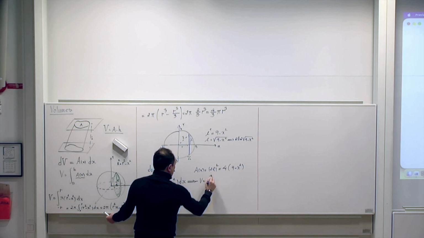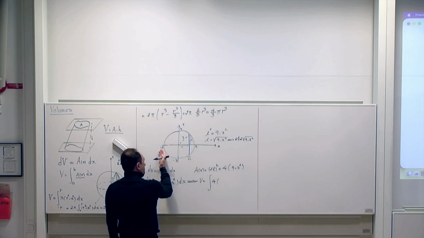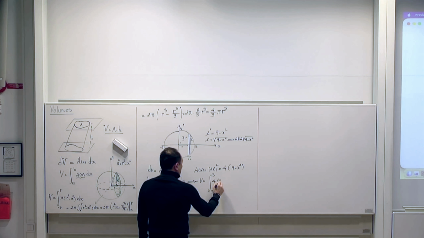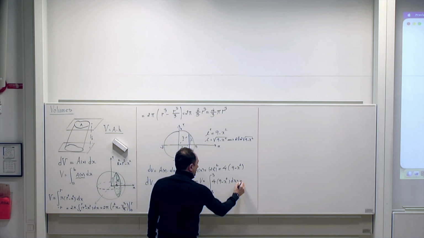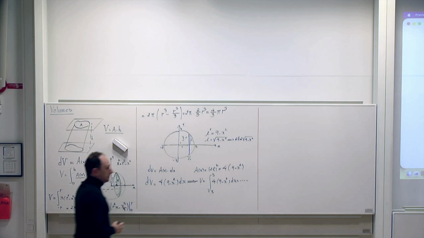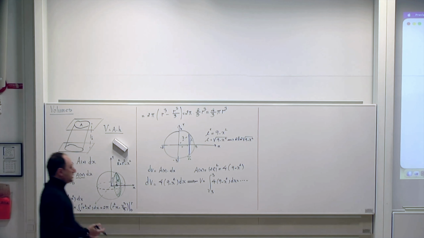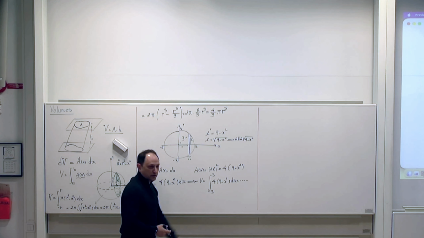Integrate from where to where? Minus 3 is the lowest x value, the highest x value is 3. So it goes from minus 3 to 3, and then I have 4 times 9 minus x squared dx. And this integral is so simple, I just leave it for you to calculate. You can again use the same trick: go from 0 to 3 and multiply it by 2, because this function is still even.